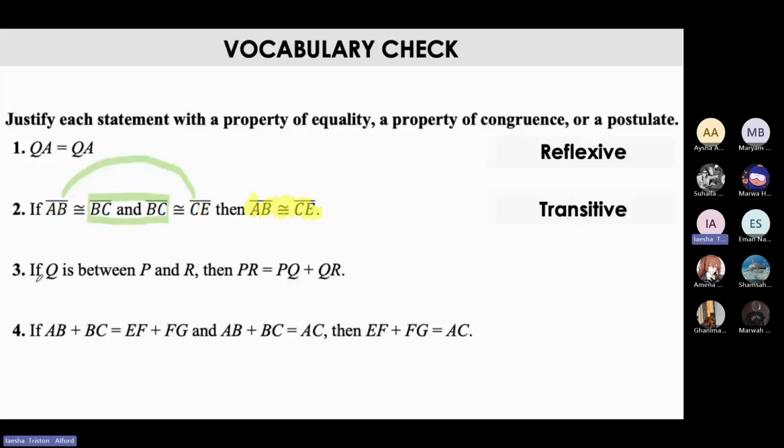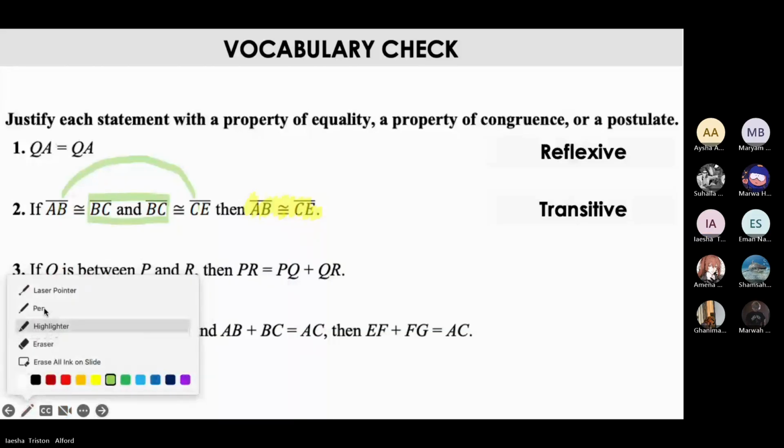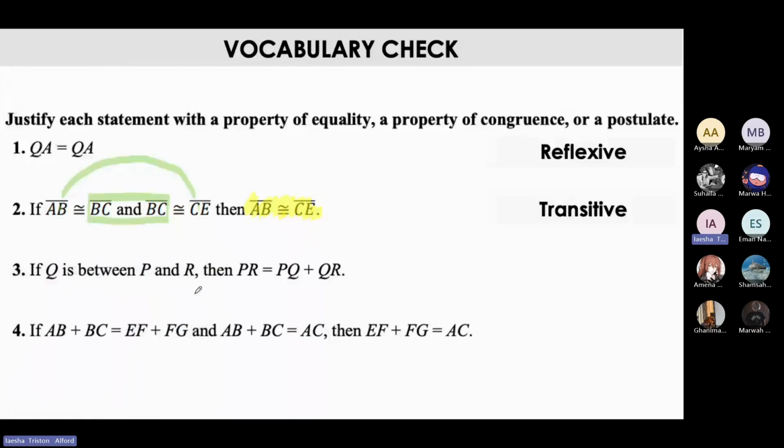Here, number 3: Q is between P and R. Then PR is equal to PQ plus QR. If you get confused, draw a picture to see what they mean. So here is a line. Segment addition, right? Q is between. What is the meaning of between? In the middle.